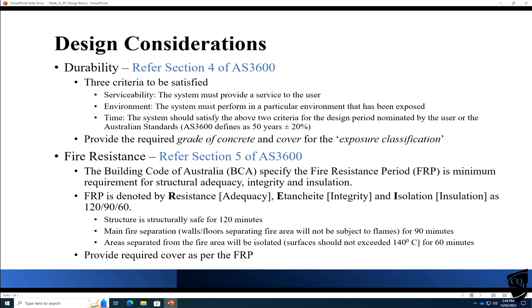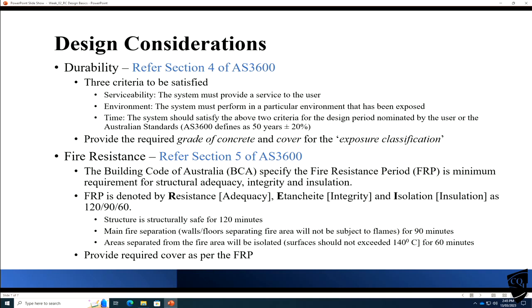The next room or the other surrounding rooms should not get the fire, or the temperature should not exceed 140 degrees, for at least a given time. So that is the first thing.